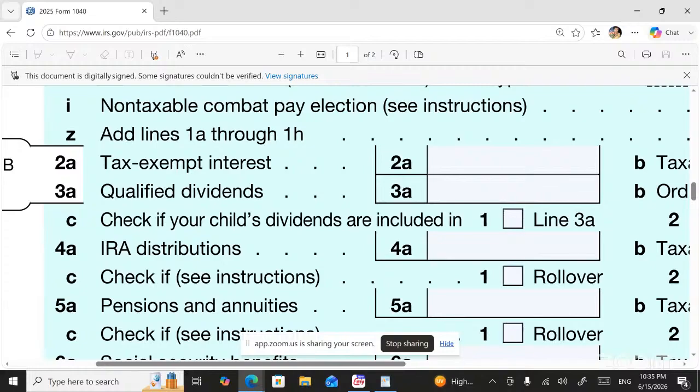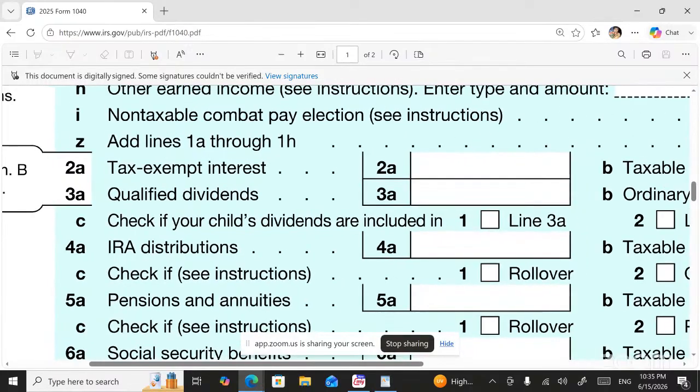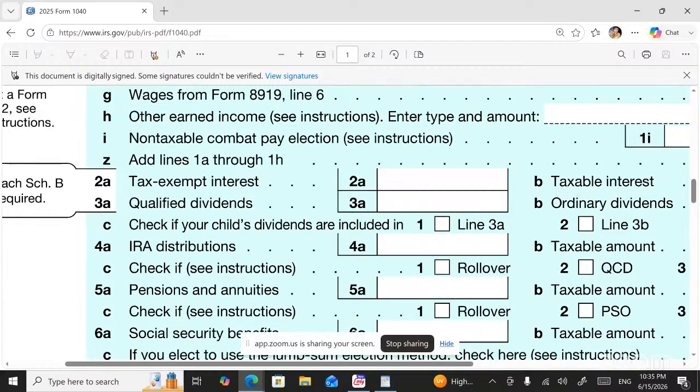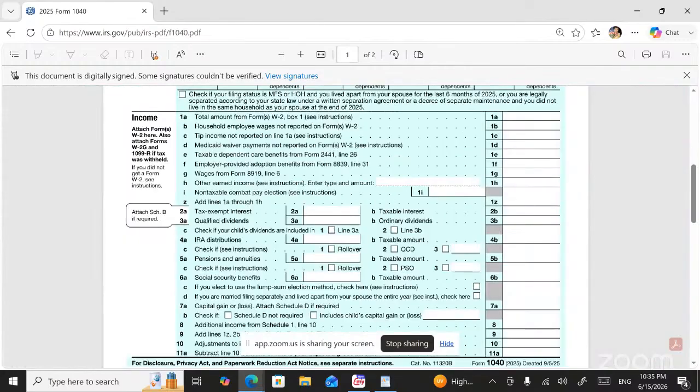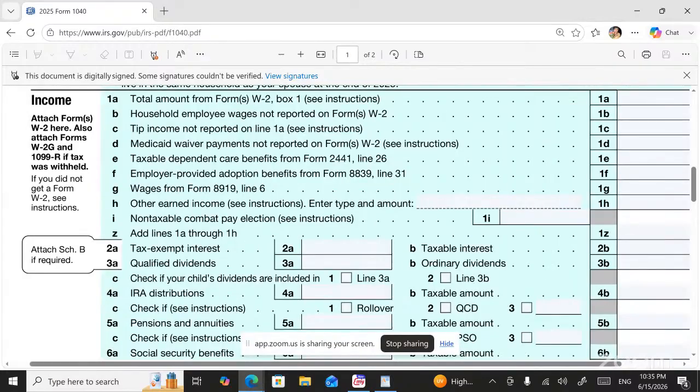Now coming to 2A. Before moving to 2, 3, 4, etc., let me explain. On the left hand side we have: attach form number W2, also attach form number W2G, also attach form number 1099R.